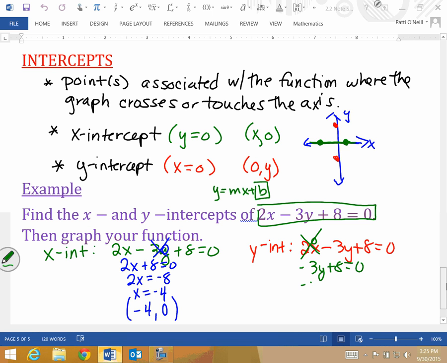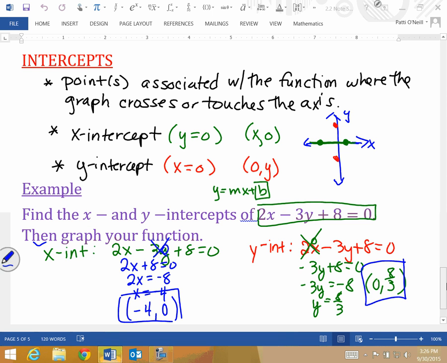If I solve that, I'll have negative 3y equals negative 8, and y will be equal to 8/3. So this graph is crossing at 0, 8/3.